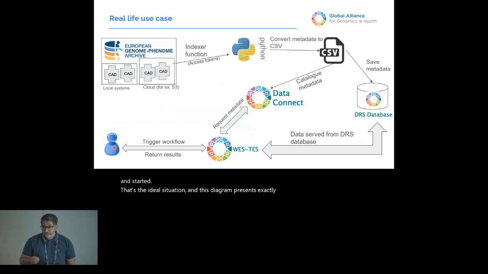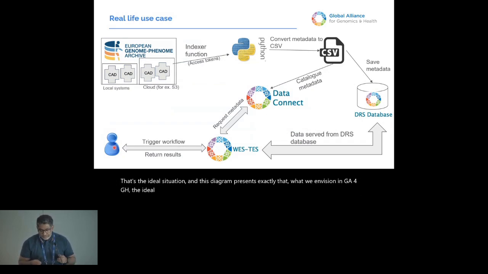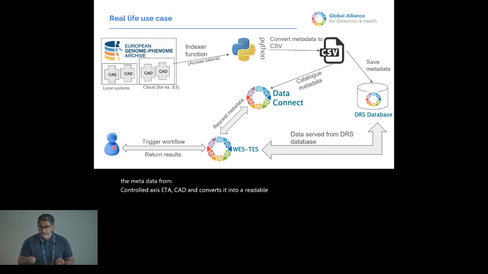What we envision in GA4GH, the ideal ecosystem, would be that there is a CAD, controlled access data source, such as EGA, for example, having data on the local system or on the cloud like S3, which is accessed by an indexer function, which uses appropriate access permissions such as tokens, and it takes the metadata from the controlled access data and converts it into a readable format, CSV, for example.